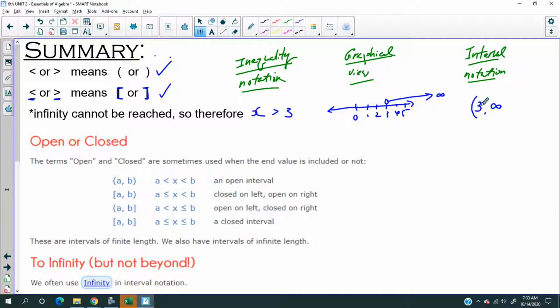Now, here's the thing I want to tell you. You can't have a bracket on infinity. That's a no-no. Why? Because you can't reach infinity. If you do that, you're saying that you're already at infinity, because the bracket would include infinity as an answer. So you can't do that.